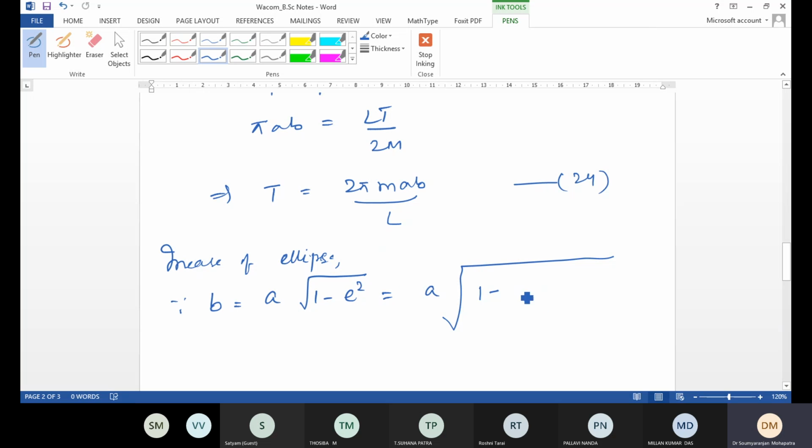So do the squaring of that. The root over is cancelled, so you are left with 1. And if I remove the bracket, this plus becomes minus, so it is 2EL square by MK square. Is that clear to all?